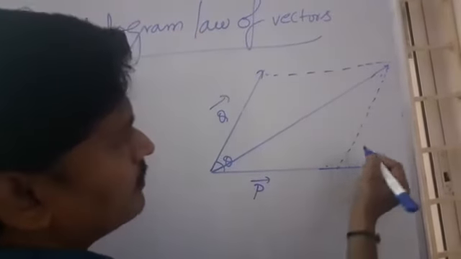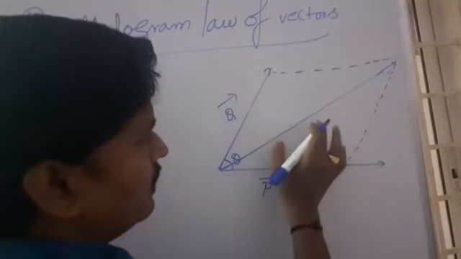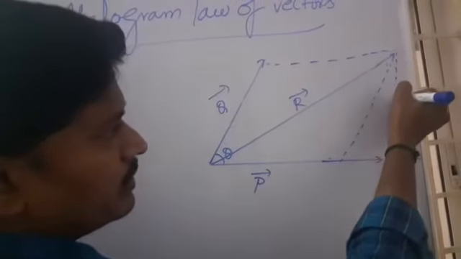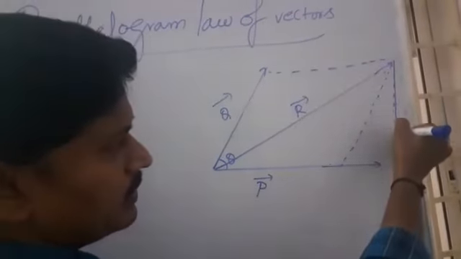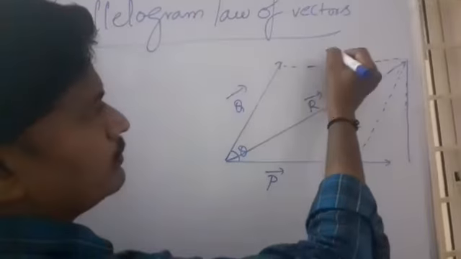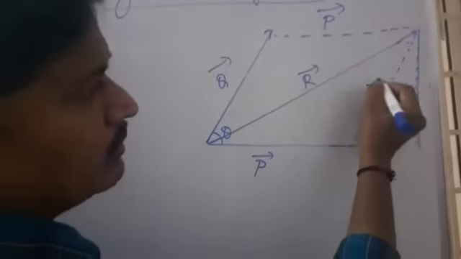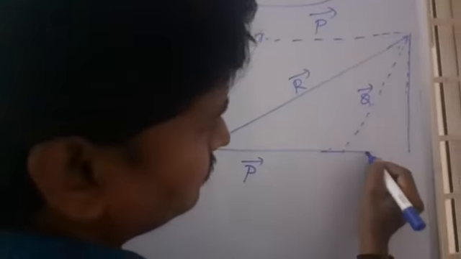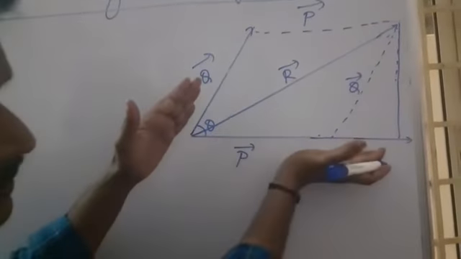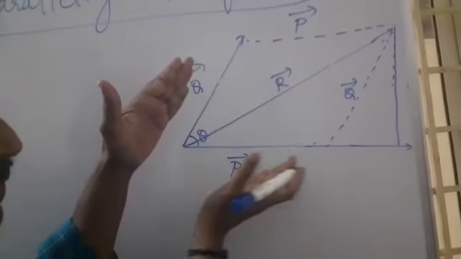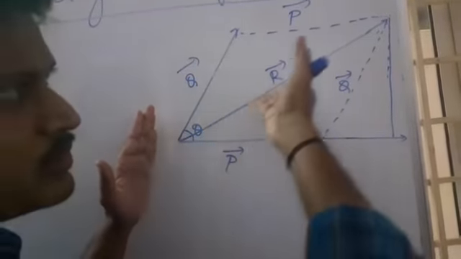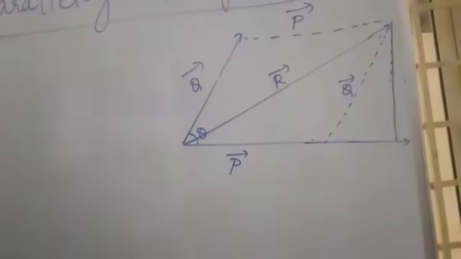If you want to find this resultant, first we can draw one perpendicular onto it. This is P bar, next Q bar, having magnitude and direction.